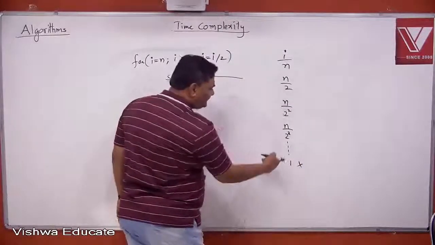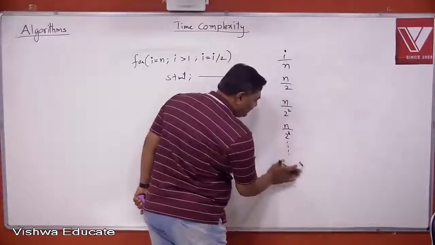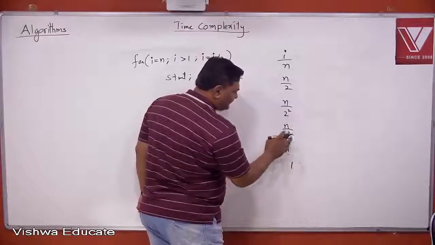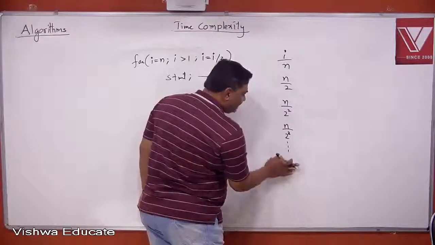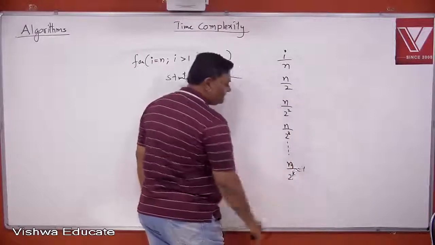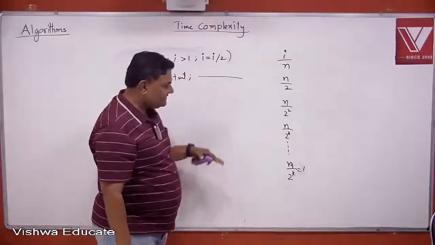So how many times is this getting divided? We don't know how many times it is done, but it is reaching till 1. So we say this has become n by 2 power k, which is equal to 1, for some k times. So the repetition is for k times.